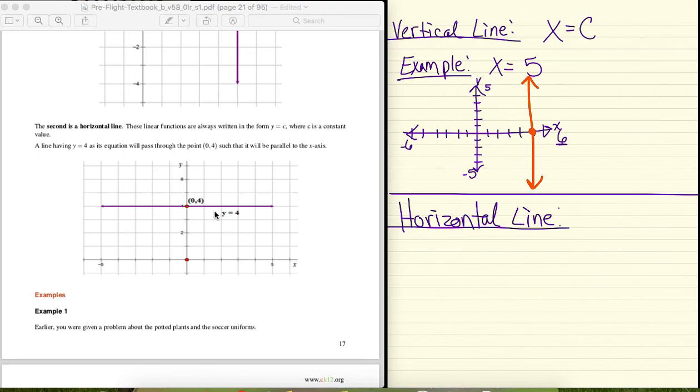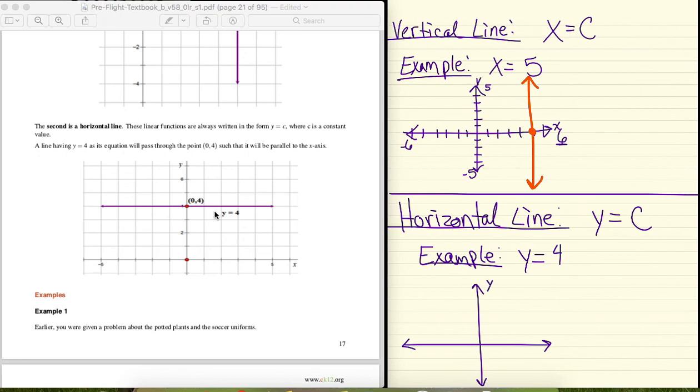So you don't have to create an input-output table. So your horizontal line is going to be in the form of y equals c. The example that our textbook uses is y equals 4.